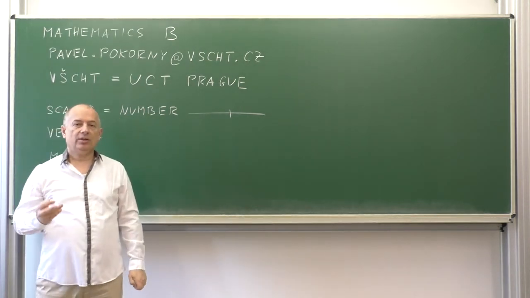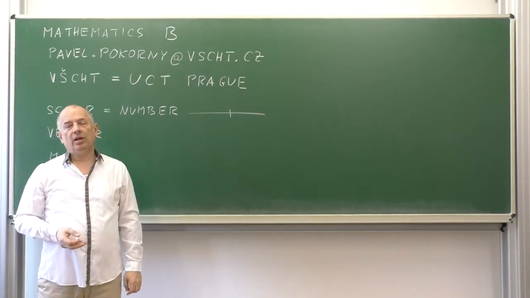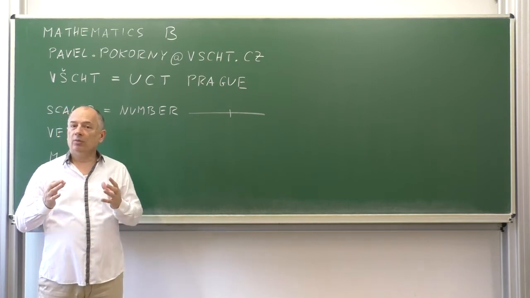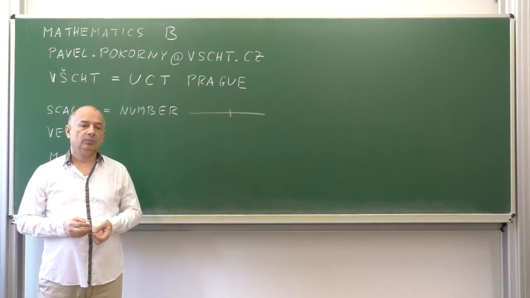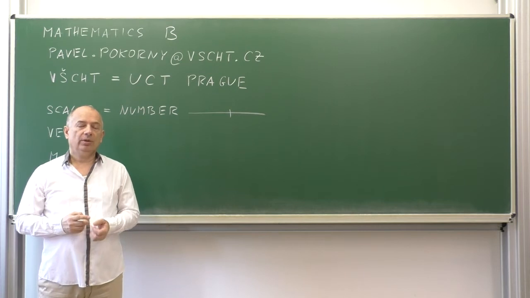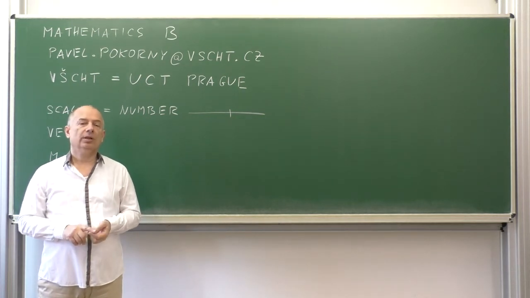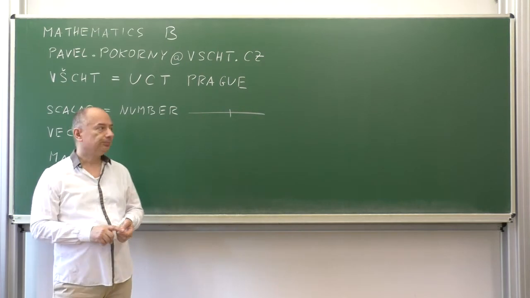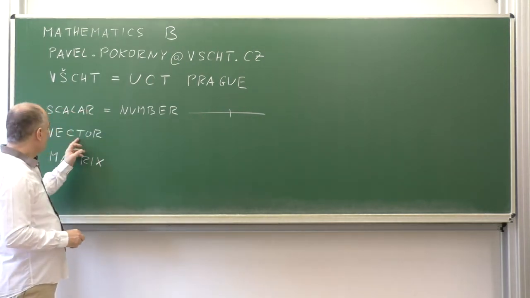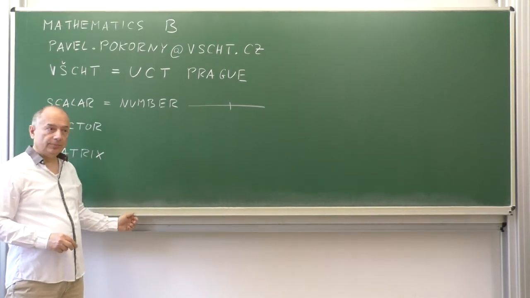On the other hand, some physical quantities must be specified by giving more information. An example is position, velocity, acceleration, force, intensity of electric field, intensity of gravitational field. And these quantities are called vectors.